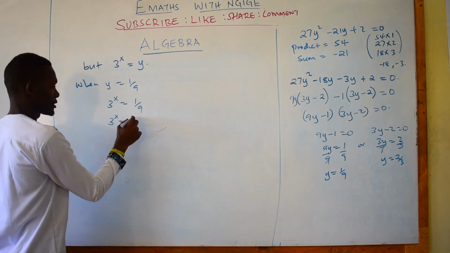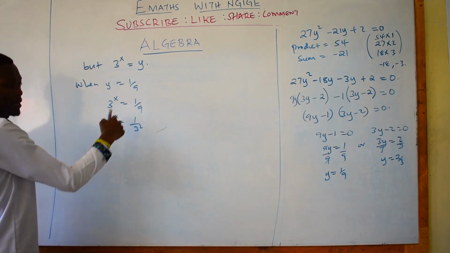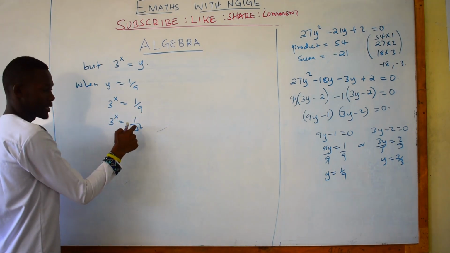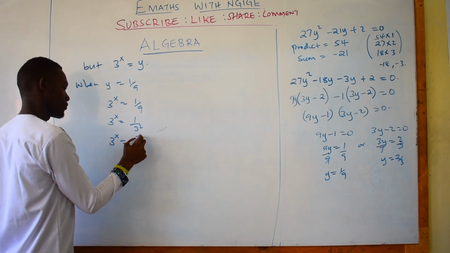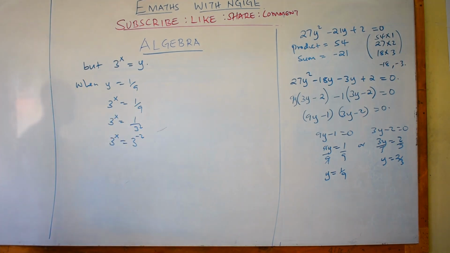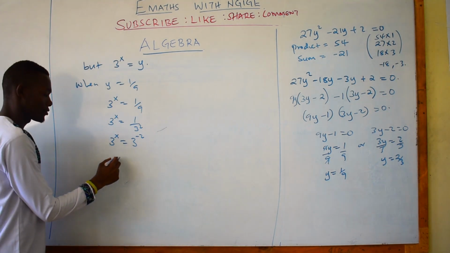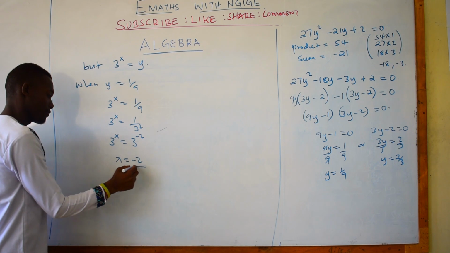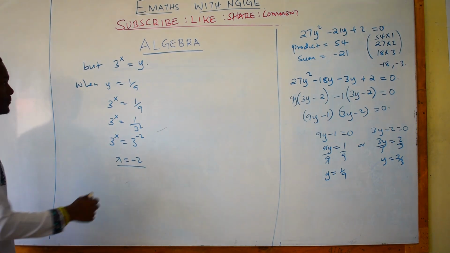Remember, using the laws of indices, 1/9 is the same as 3 to the power of negative 2, since you take the number from the denominator to the top and negate the power. So 3^x = 3^(−2). If the bases are the same, the powers are also the same. So our first value of x is x = −2.